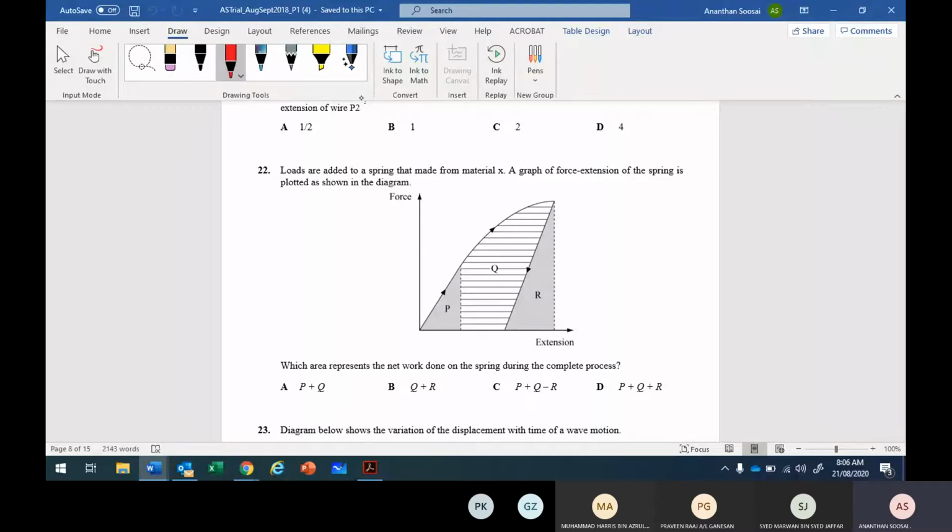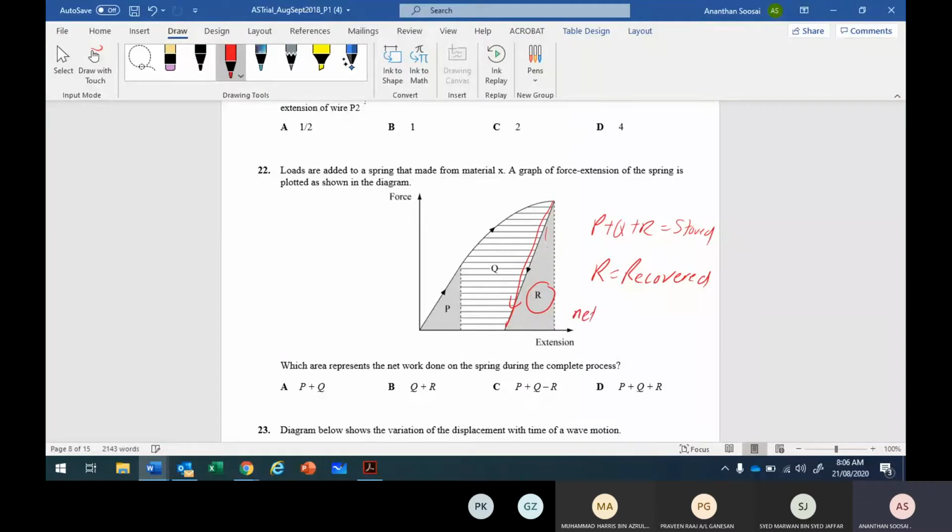When you extend it, the entire work starts, so P plus Q plus R is the start. When you let it go, it will go down like this, so R will be recovered.